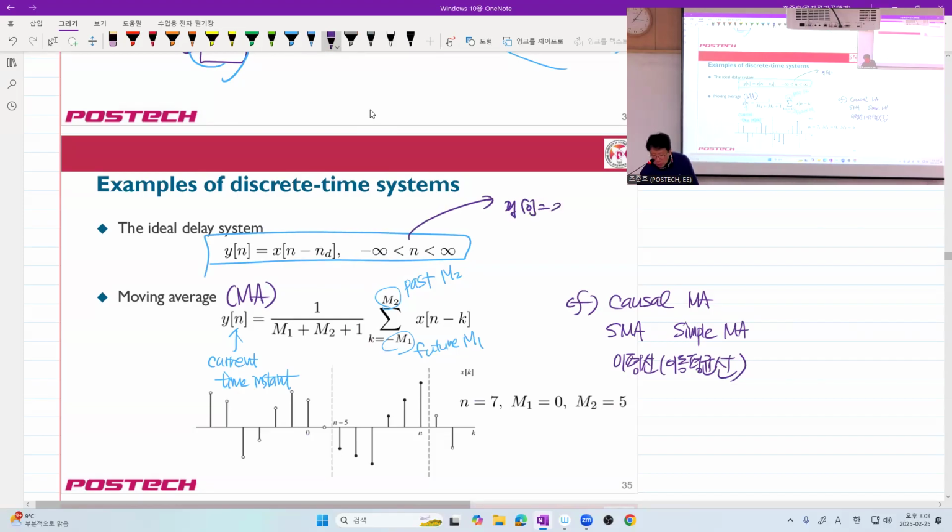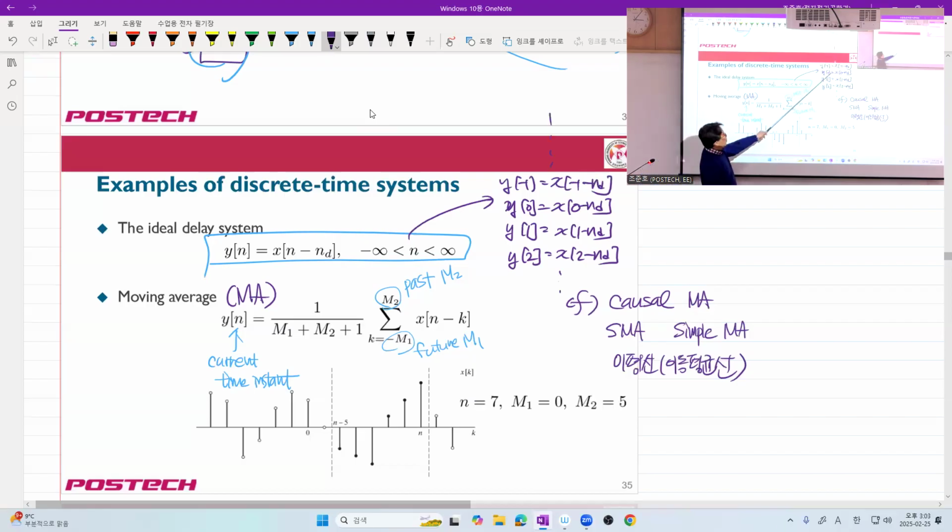y[0] equals x[0 minus n_d], y[1] equals x[1 minus n_d], y[2] equals x[2 minus n_d], dot, dot, dot, and y[-1] equals x[-1 minus n_d], and dot, dot, dot. So how many? 1, 2, 3, 4, 5, 6, 7, countably infinite. Got it?